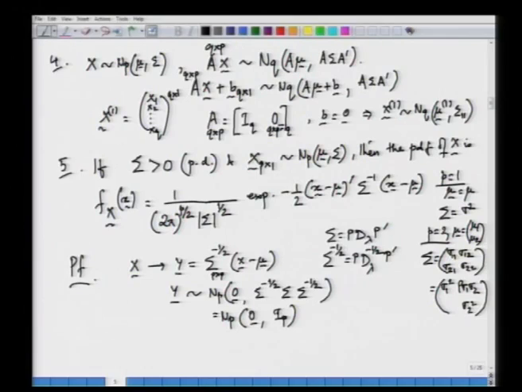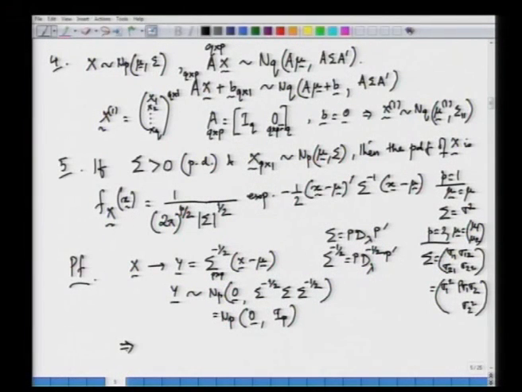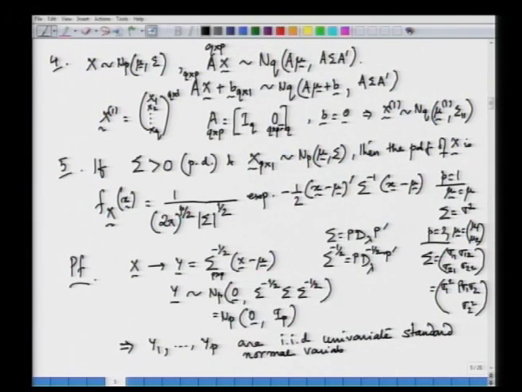Now, once we say this, we can also say by our very definition that y1 to yp are IID univariate standard normal variables.